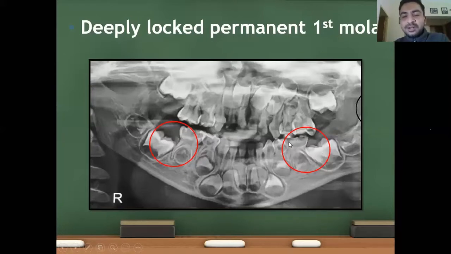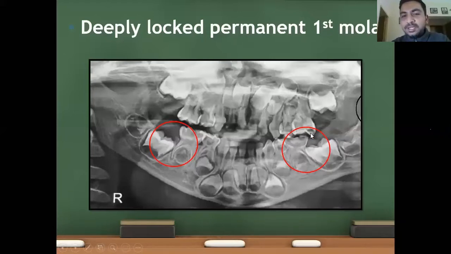Particularly in the mandibular arch, the second deciduous molar has a prominent distal bulge, and at times the first permanent molar, which is erupting, is locked here. So if the child is taken to an orthodontist, or for that matter, a general dentist, at the age of around 6 or 7 years, and if the dentist does not see the eruption of the first permanent molar, he or she could recommend an orthopantomogram, and the finding could be like this.